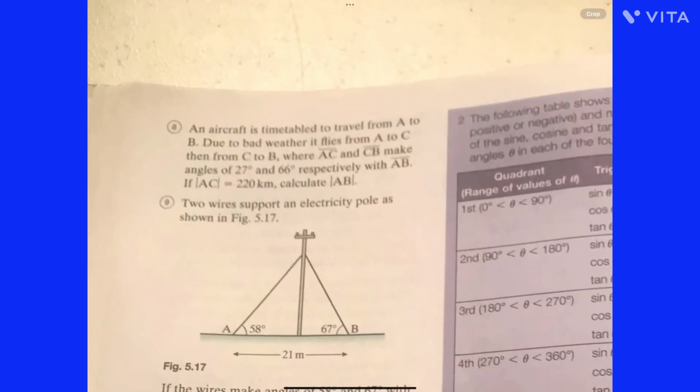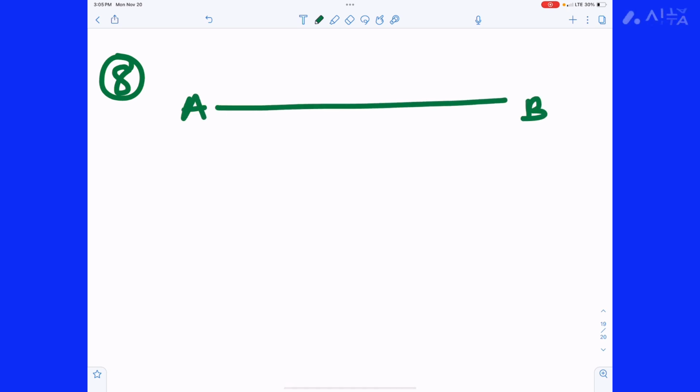It says, an aircraft is timetabled to travel from A to B. Let's just assume that A is here and B is here. So it's meant to travel from A to B like this.